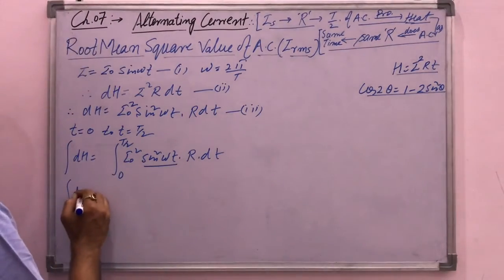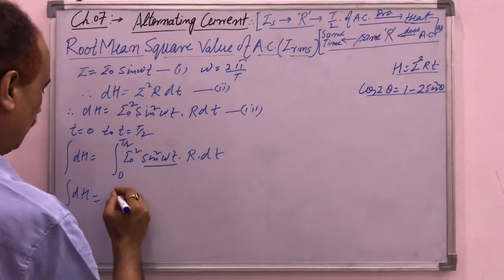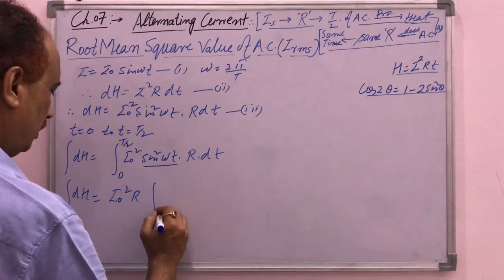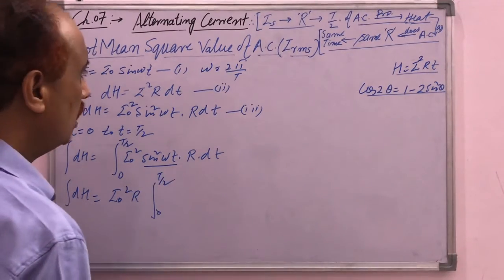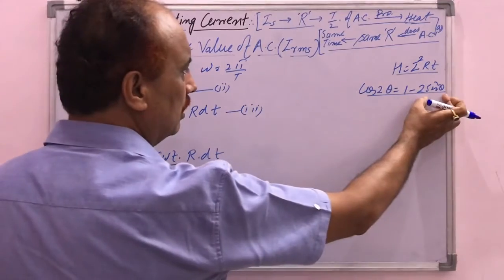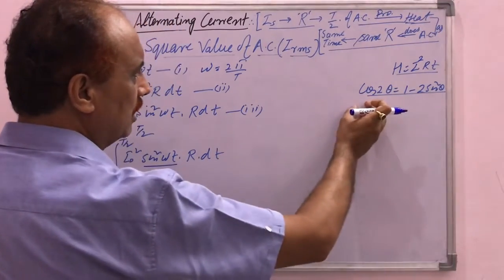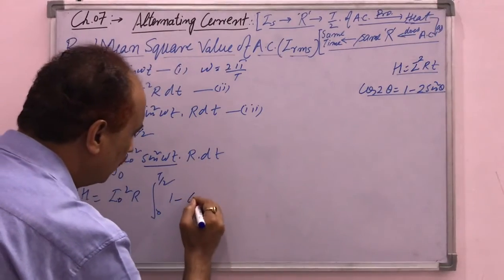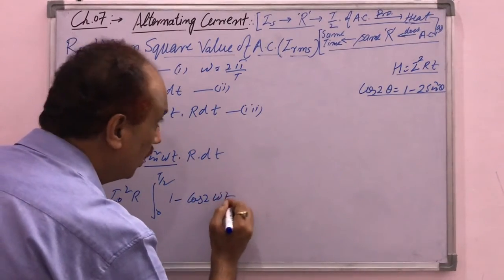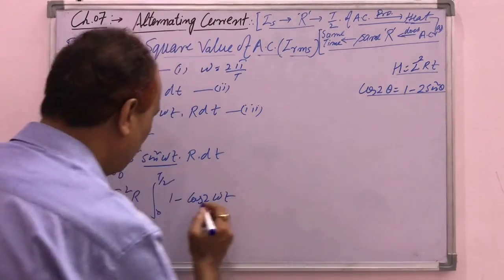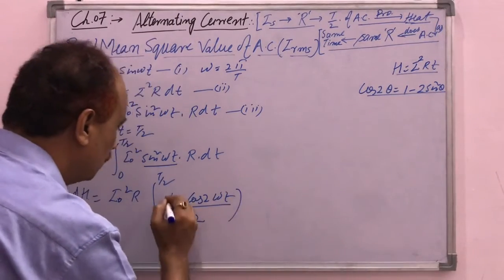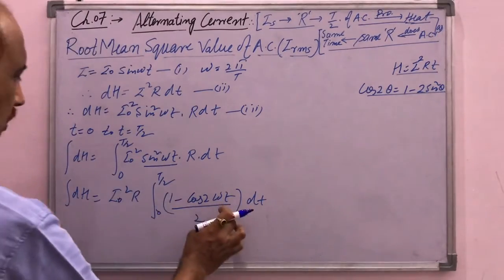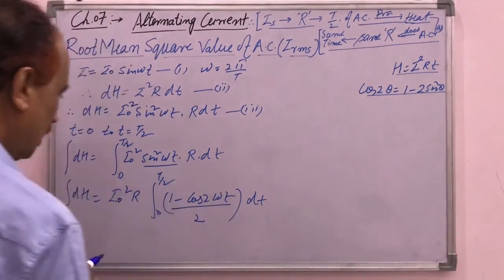So integral of dH equals I naught square R outside the integration, and integral from 0 to T by 2 of sine square omega t, which is 1 minus cos 2 omega t, divided by 2, into dt. After changing sine square omega t, we get this expression.